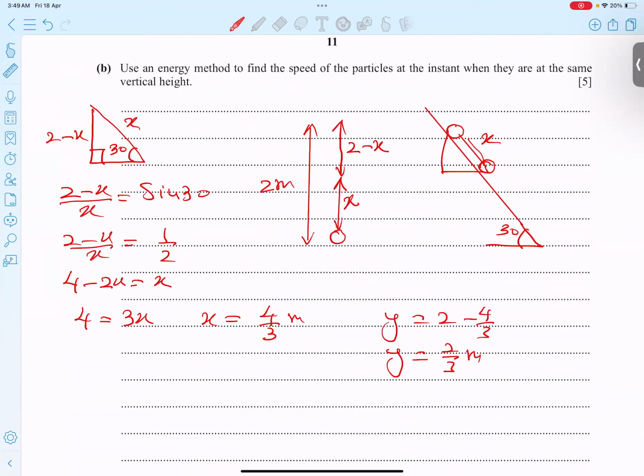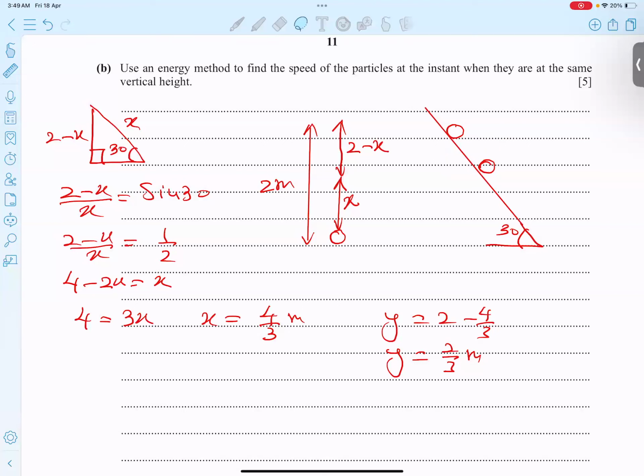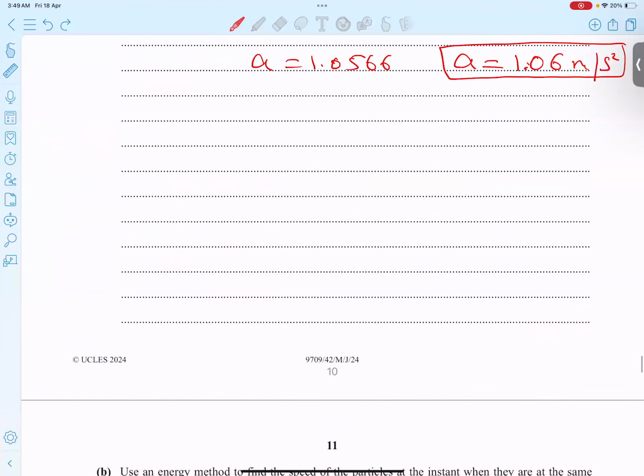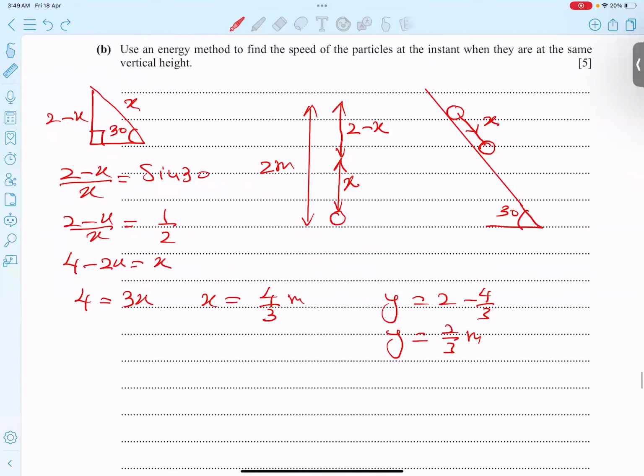Now, students, what's the plan of action? The question says we use the energy method to find the speed of the particles at that instant. So our task is to find the speed. Let me check the particle names: P and Q. This is P, so 2.5. This is Q, so 0.5.